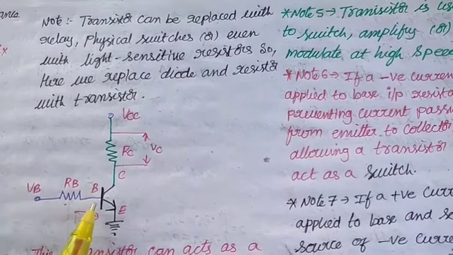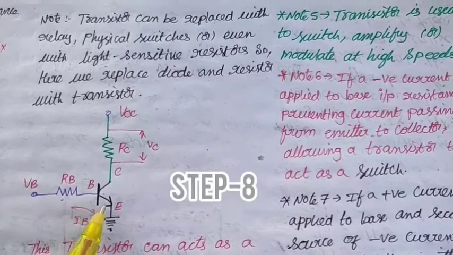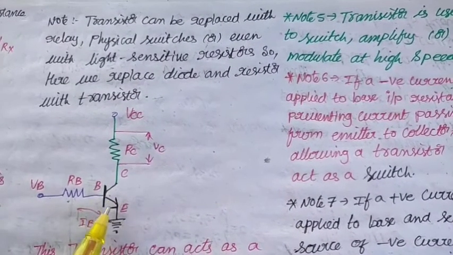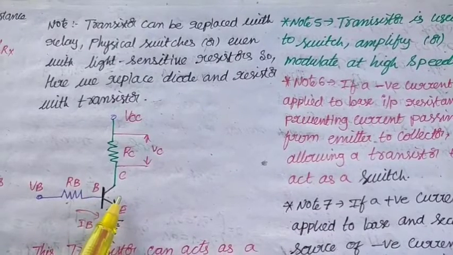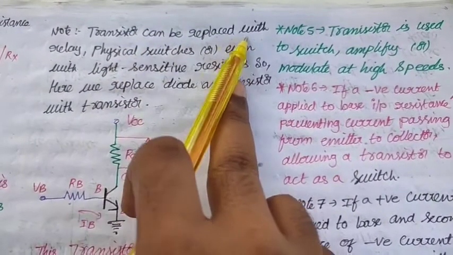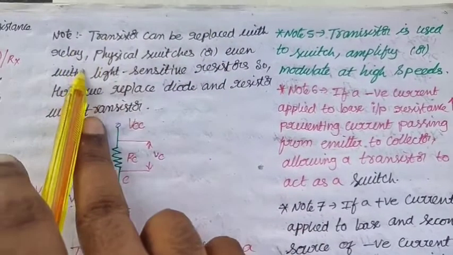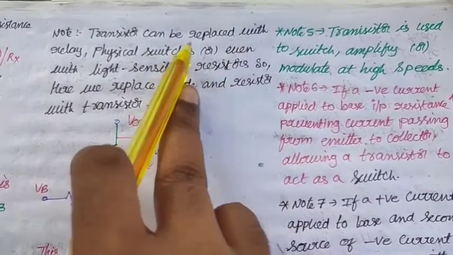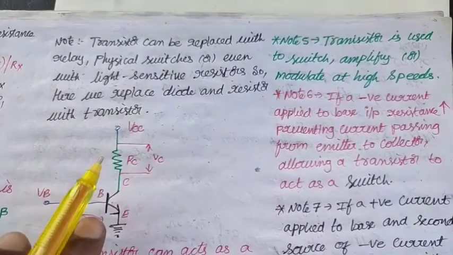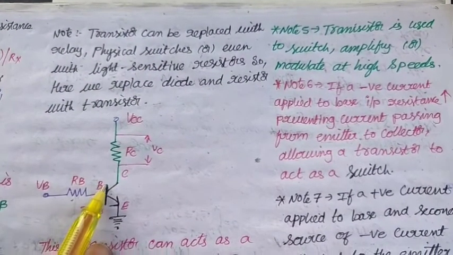As we have seen the diode here, how did the transistor come? Note, a transistor can be replaced with a relay or physical switch or even with a less sensitive resistor. So have you known diode as a switch? Diode is a switch.